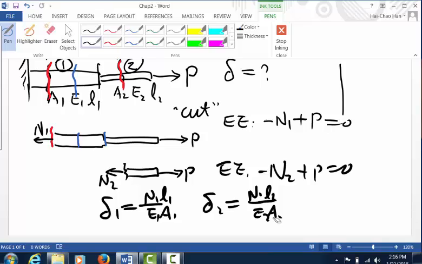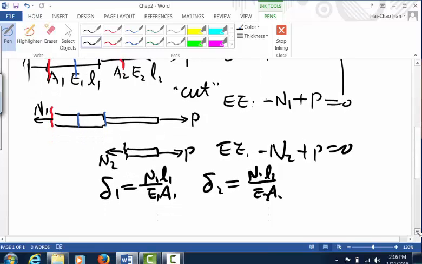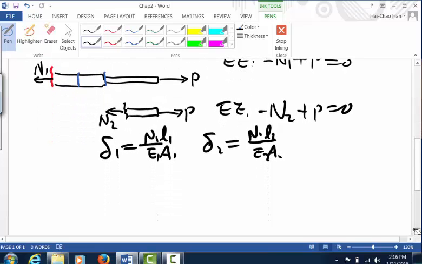Okay, now, can you find the stress in these two segments? What kind of stress will you have? Normal stress, because it's normal force, axial tension, normal to the cross-section.